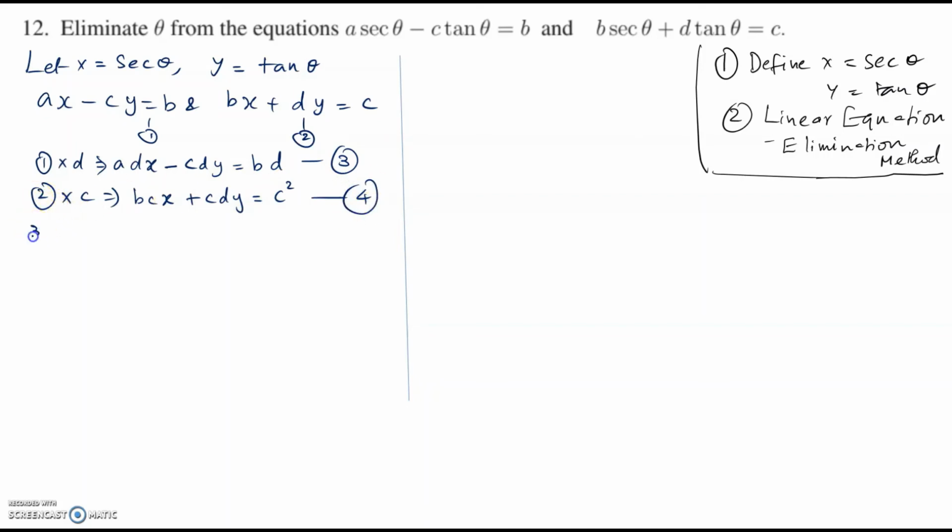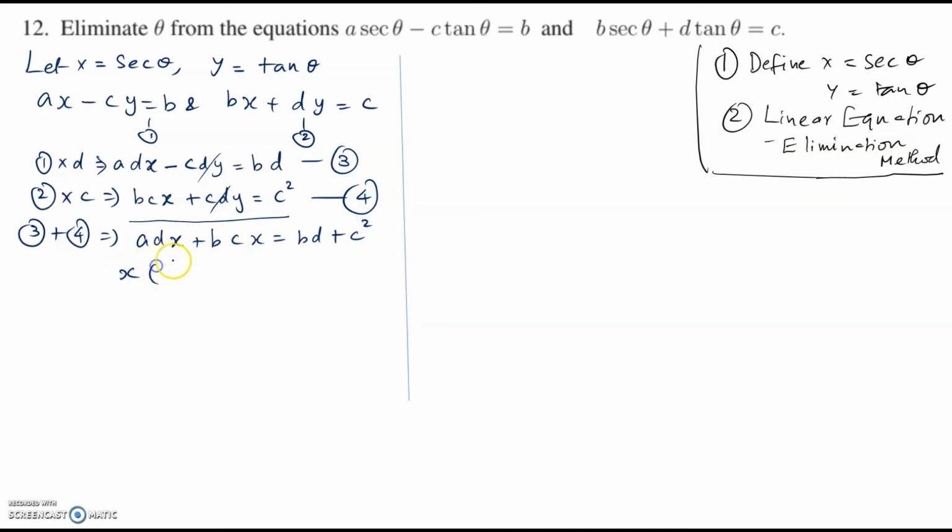Now if we do 3 plus 4, we would get, so this and this will get cancelled. So you will be left with adx plus bcx is equal to bd plus c squared. So we can take x common.